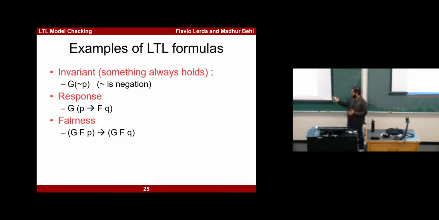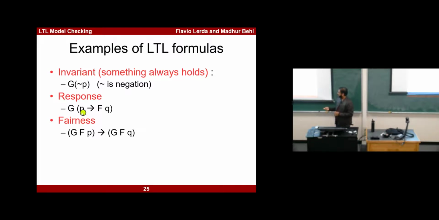This literally, if we read out, replacing G by globally and F by eventually, says that always we will eventually see a P in the trace, and when that happens, always we will eventually see a Q. So kind of similar to the top one, but we have this requirement of always and eventually on both P and Q. Yeah? But the first part of that expression always varies to true.